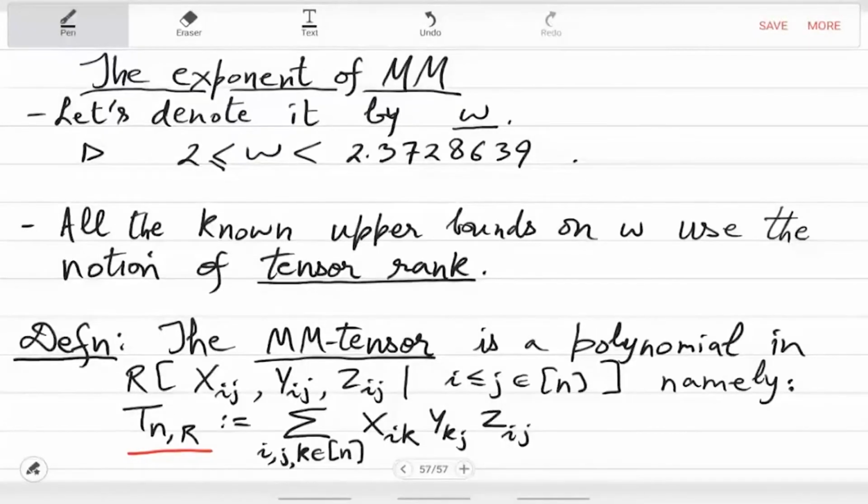But we are doing very different things here. We have defined this cubic polynomial, so its degree is 3, and it has many variables.